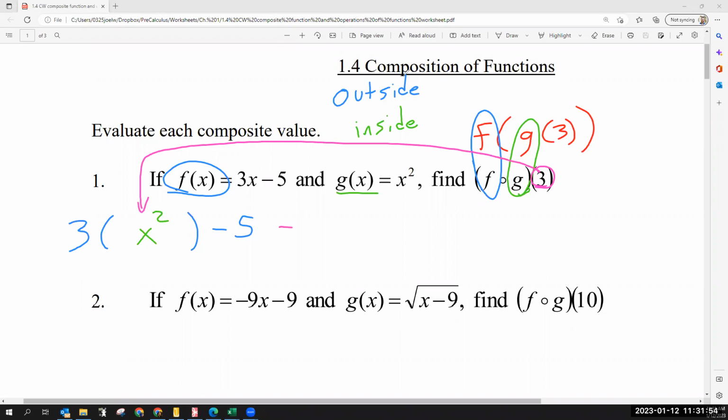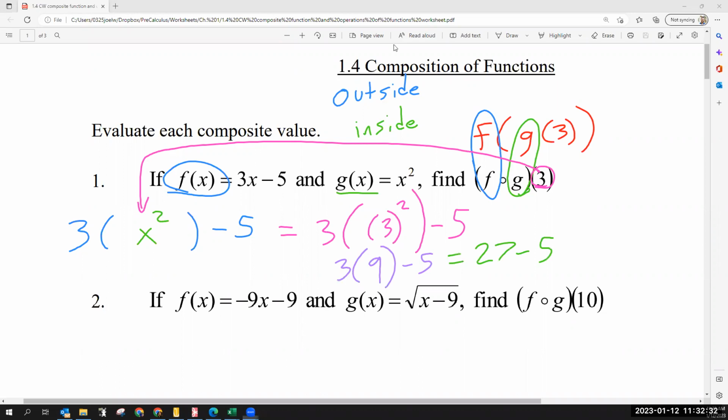So we'll say, okay, leave everything the same, but now I'm plugging that into my variable. Three squared is 9. 3 times 9 is 27.